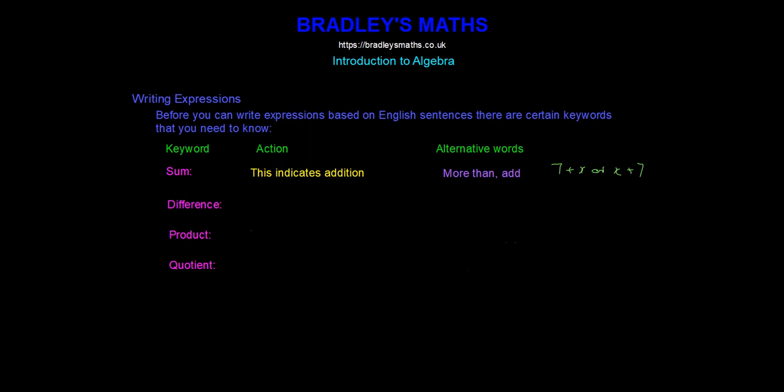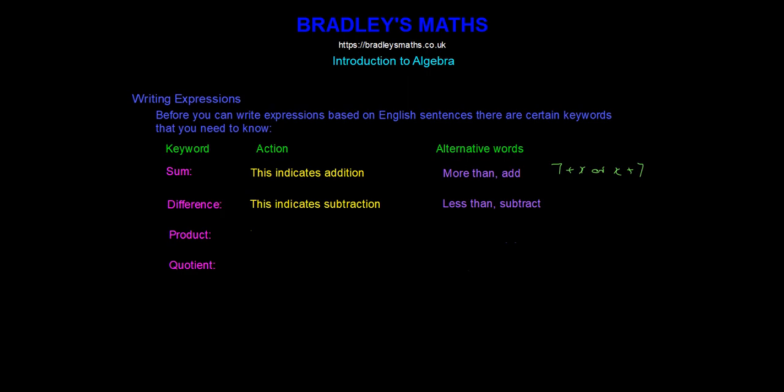Okay, difference. The difference between 2 numbers is one number subtract the other number. So this is subtraction. Okay, and less than, subtract are alternative words.